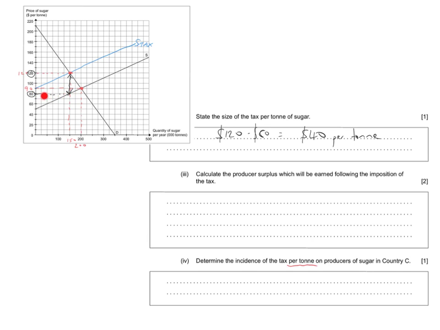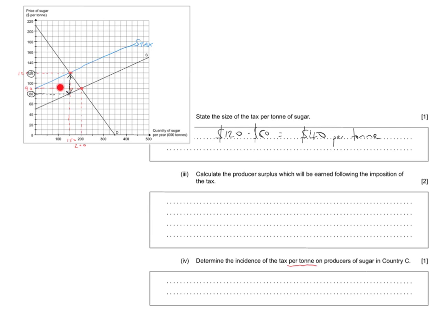The old equilibrium price was $90 per tonne, and now, after the imposition of the tax, the firms actually only get to keep $80 per tonne. They've increased price by $30 per tonne, but they're giving $40 to the government, so they're only keeping $80.